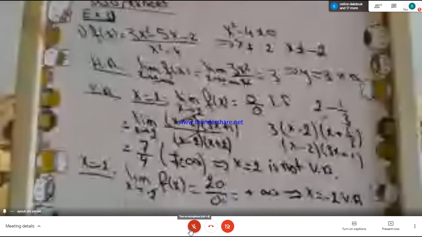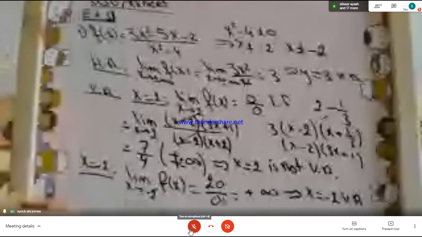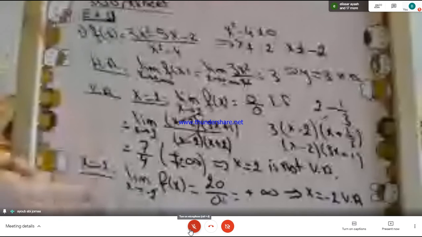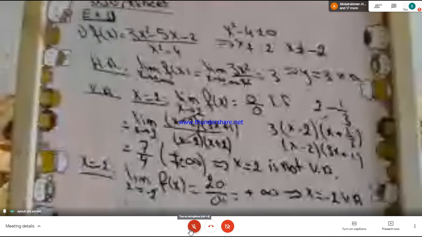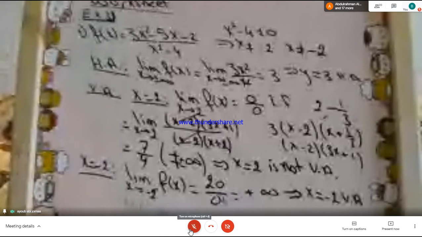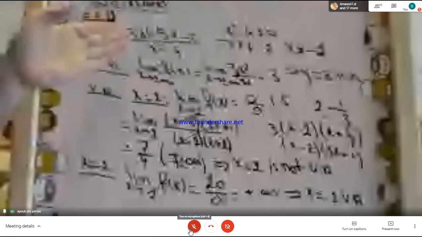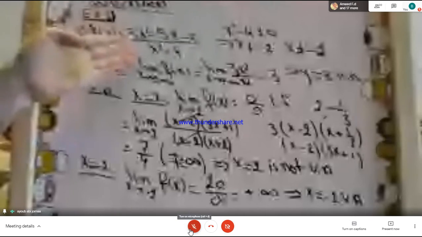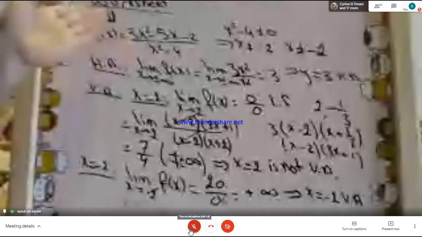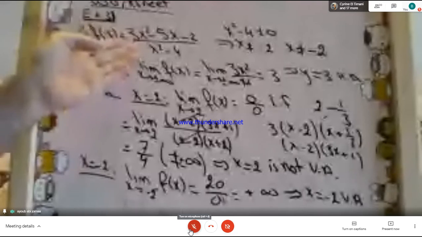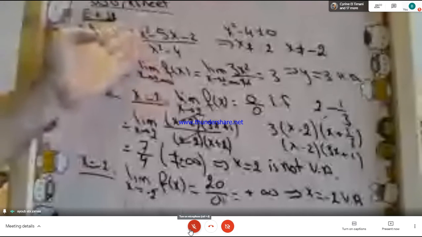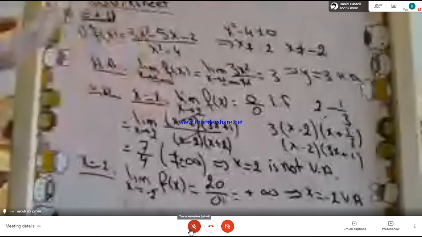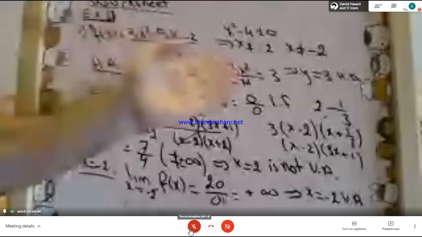So in order to find the equation of the horizontal asymptote, you find the limit at infinity. Right? Since here we have a rational function, we consider the highest exponents. So the limit at infinity will be the limit of 3x squared over x squared, which is equal to 3.